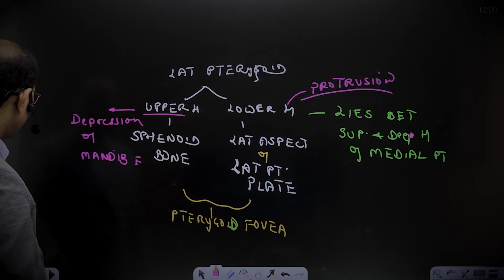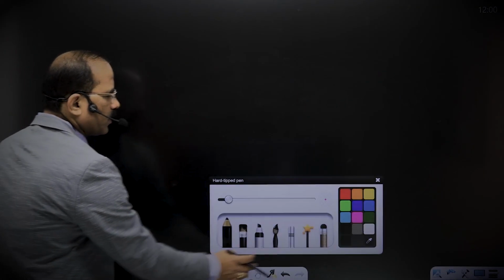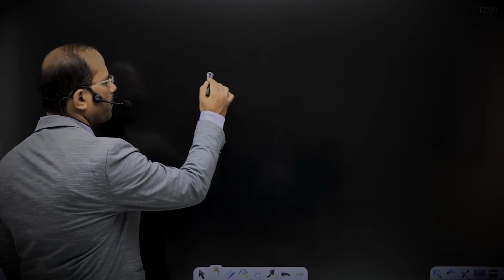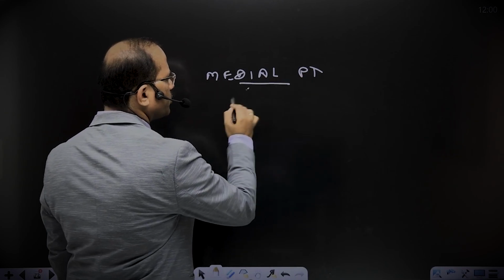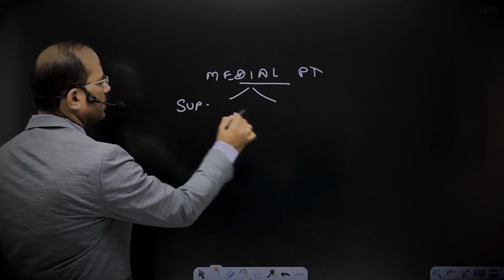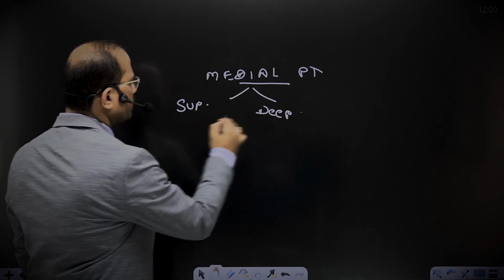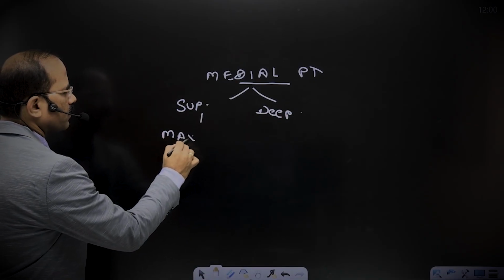Coming to the medial pterygoid, again two heads, superficial and deep. The superficial head arises from the maxilla.